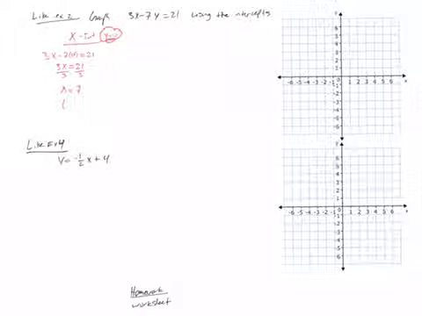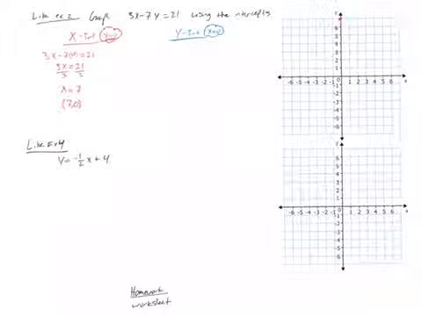So now I have a coordinate where the x is 7 and the y is 0. I'm going to graph that point. X is 7, y is 0. So that's that point right there. Now let's find the y-intercept. And remember, the y-intercept means that the x is equal to 0. So again, let's write this equation, but instead of x, I'm going to write 0. So 3 times 0 minus 7y is equal to 21.